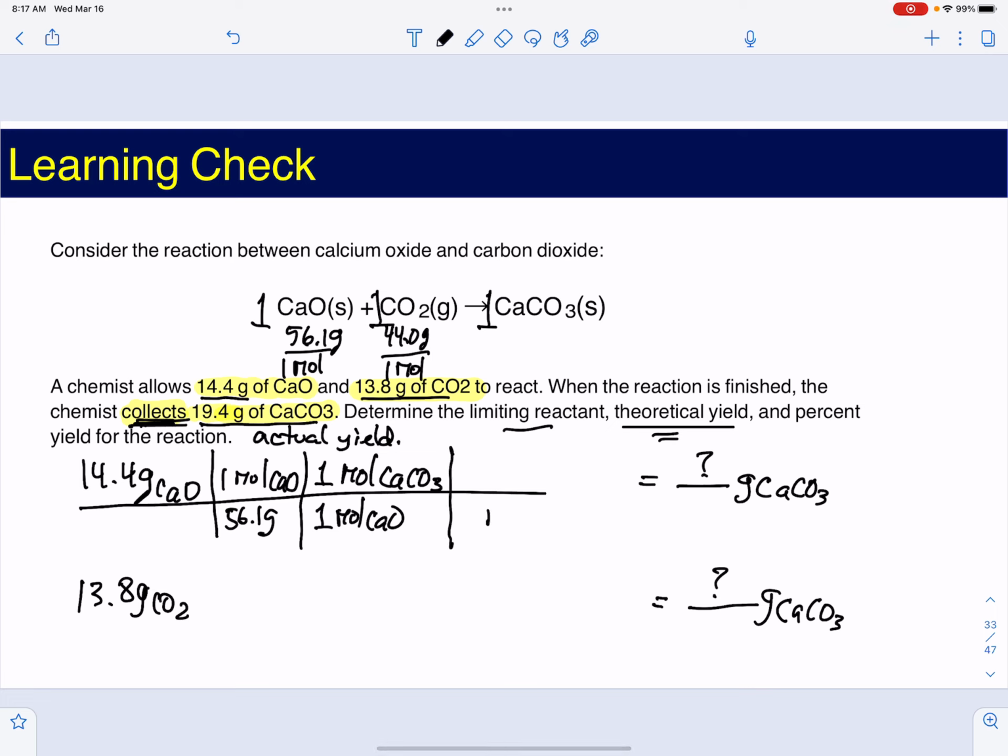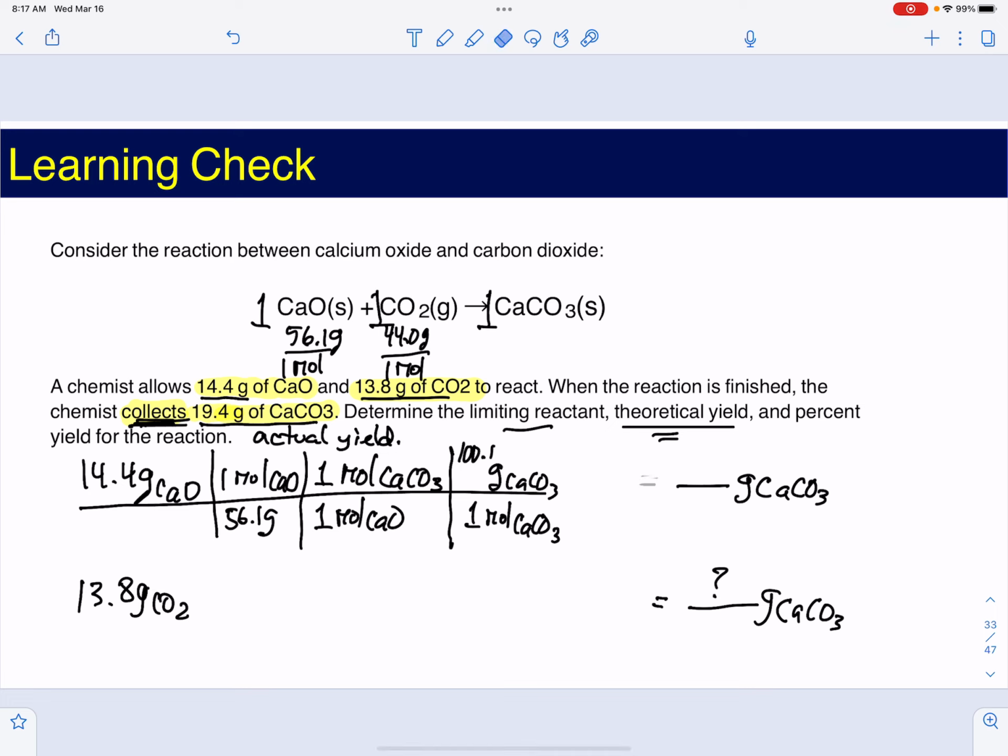But we do not want the moles of calcium carbonate because we actually want the grams of calcium carbonate. And the molar mass of calcium carbonate is going to be 100.1 grams for every 1 mole.